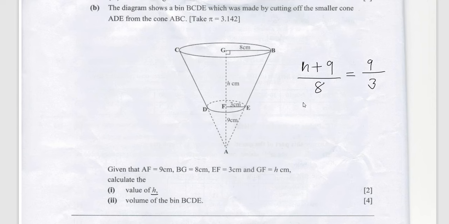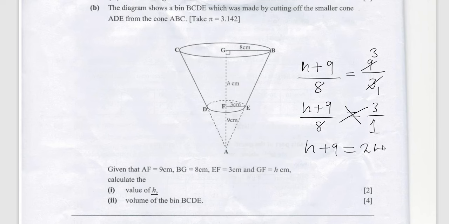So here we can say h plus 9 over 8 is equal to 3 into 3, 1 into 9, so we shall have 3 over 1. We now cross multiply. h plus 9 times 1 will be h plus 9, which is equal to 8 times 3, which gives us 24.